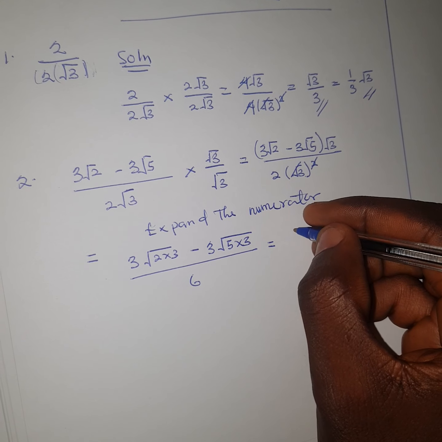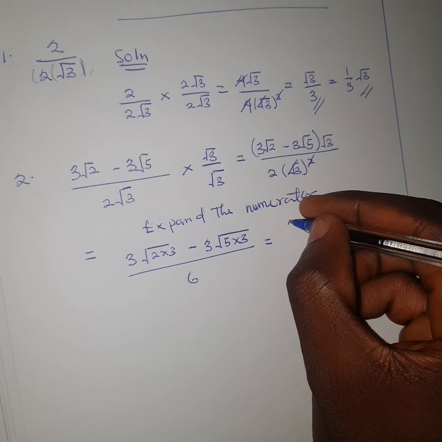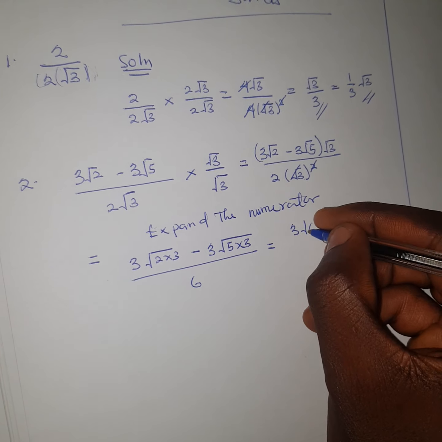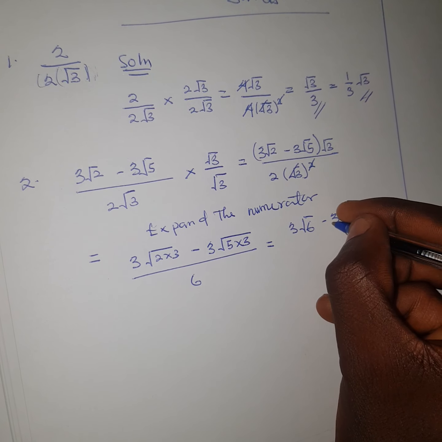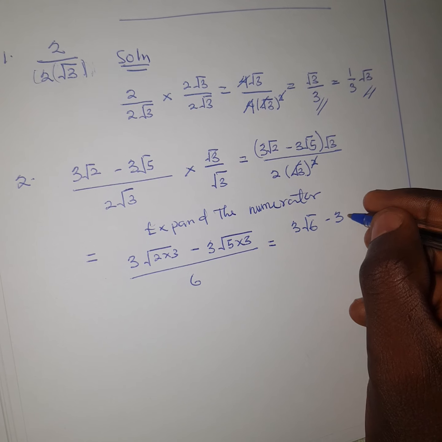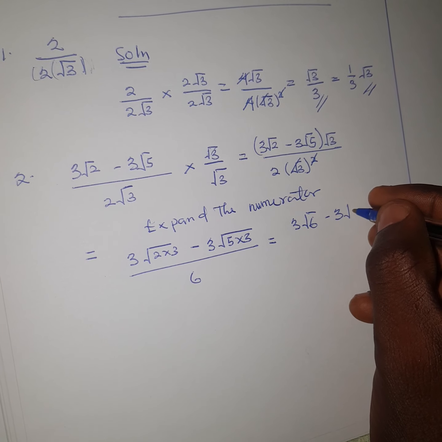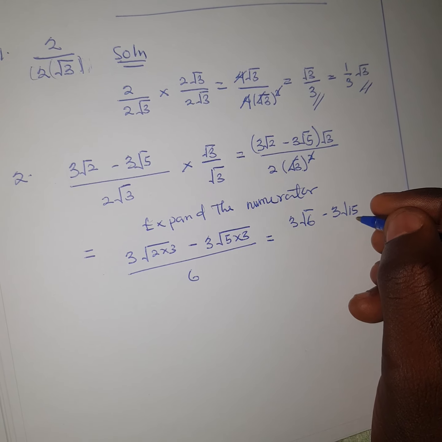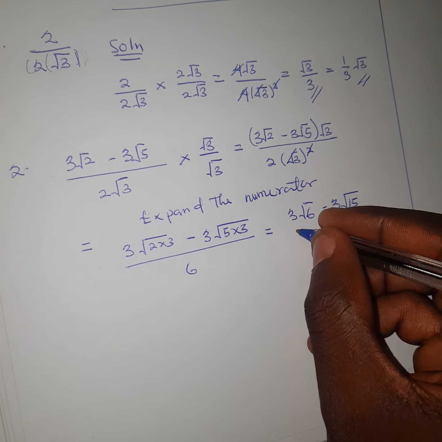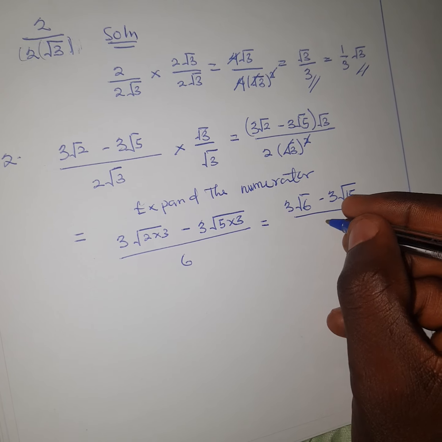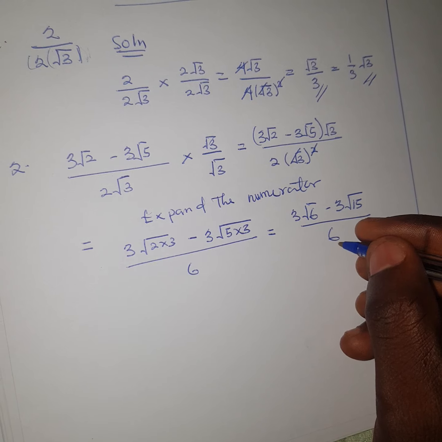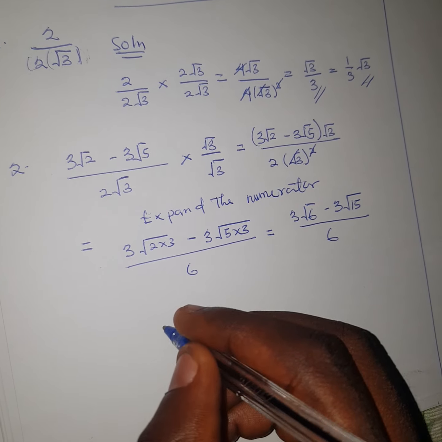So this will be 3 root 6 minus 3 root 15 all over 6.